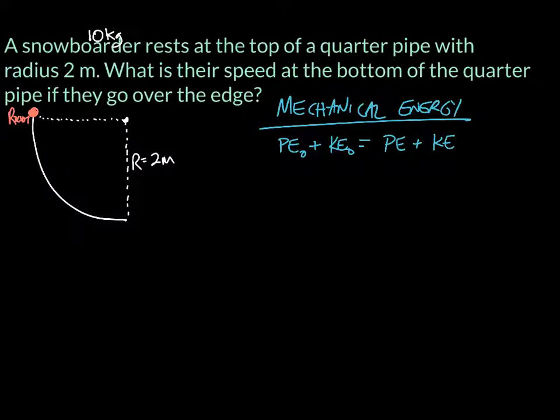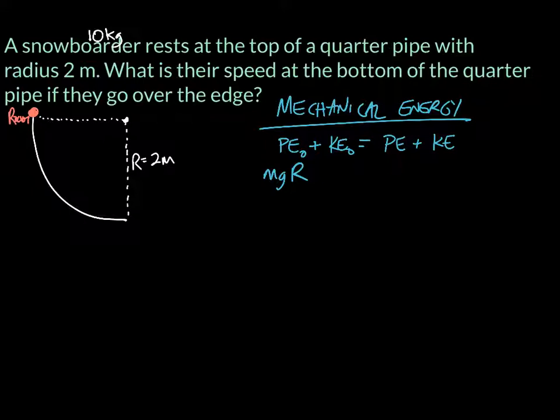Or in this case, potential energy would be a potential energy due to gravity initially, all right? So we'll have an mgr, that's our h, that's how far vertically gravity is doing work even though the path is curved. So our h in this case is equal to r.